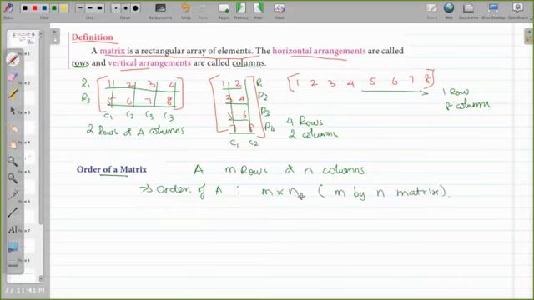So the matrix I wrote over here is 2 by 4. This is a 4 by 2 matrix. This is 1 by 8.